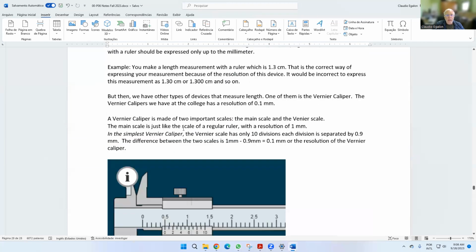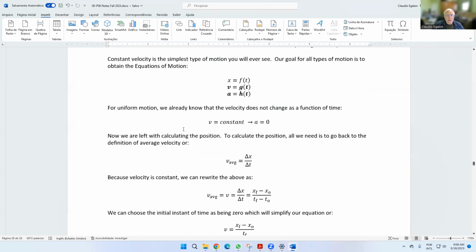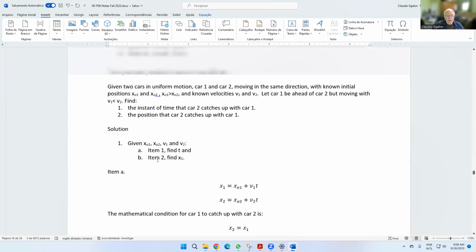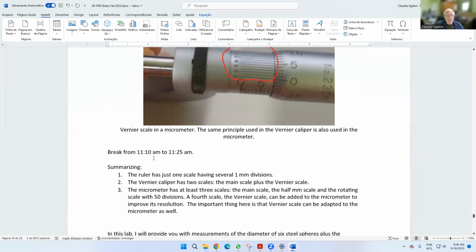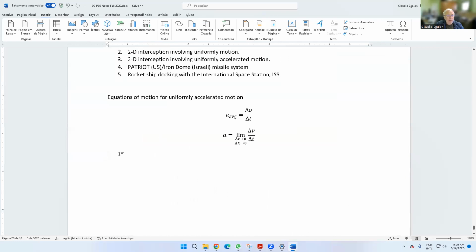The steps we're going to take are very similar to the steps we took for uniform motion, but it's going to end up being a little bit more complicated. That's what we mean when we want the equations of motion: we want x as a function of time, v as a function of t, and acceleration as a function of t.